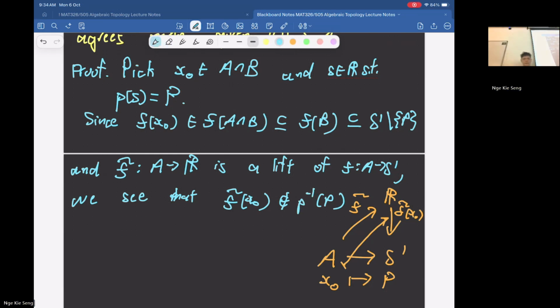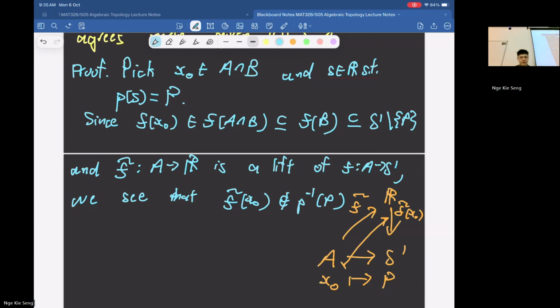If it lived inside, then you have this diagram commute, and then it would be gone. So it's not living inside the pre-image. That makes sense. So F of s naught is not P, and the lift also cannot go to the pre-image of P. If it did, then by commutativity you'd go into P, a contradiction.